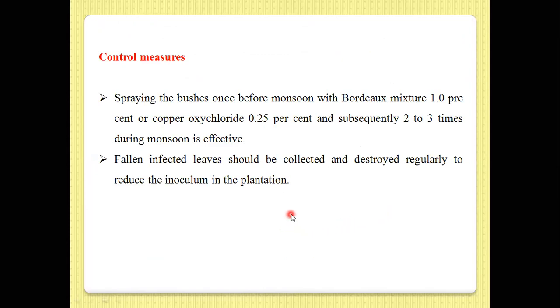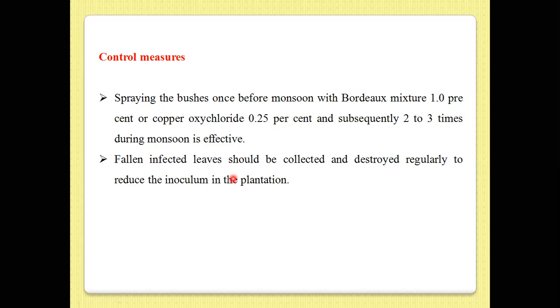First, an effective control measure against coffee rust is that fallen infected leaves and plant debris should be collected and destroyed regularly to reduce the inoculum in the coffee plantation, because primary infection mainly takes place through the diseased leaf. So collect such infected fallen leaves around the trunk portion of the coffee trees and burn them properly.